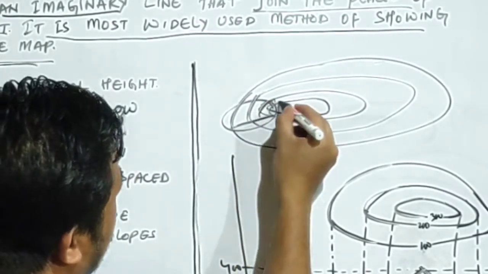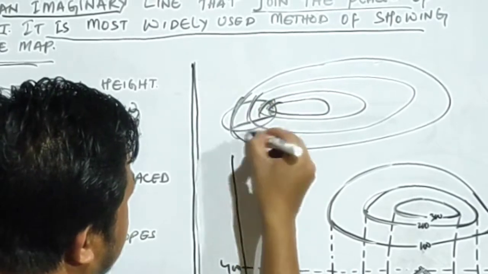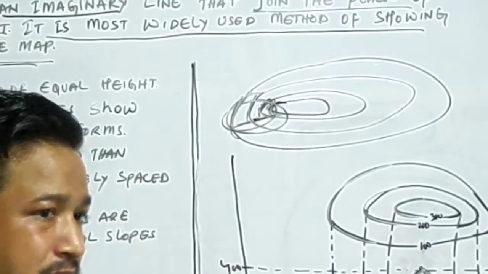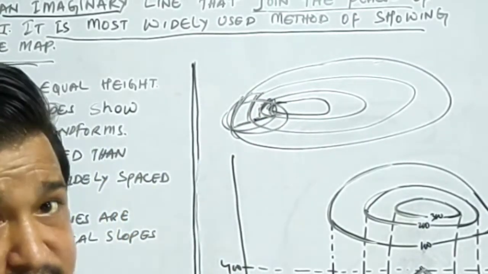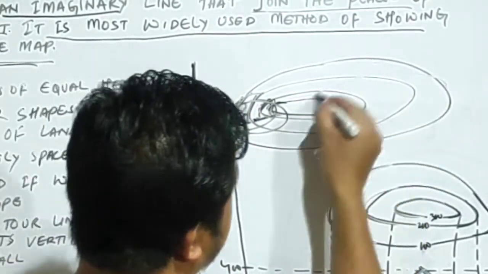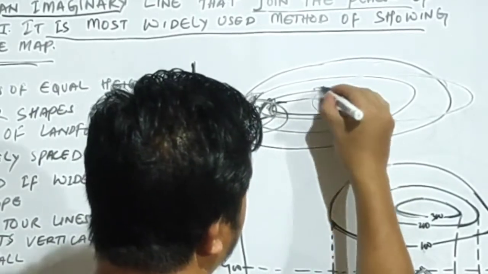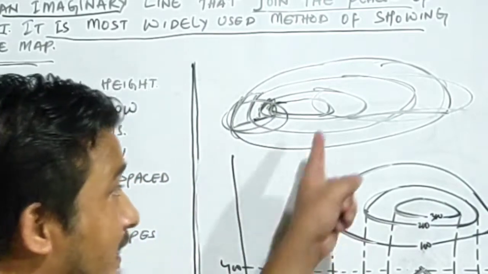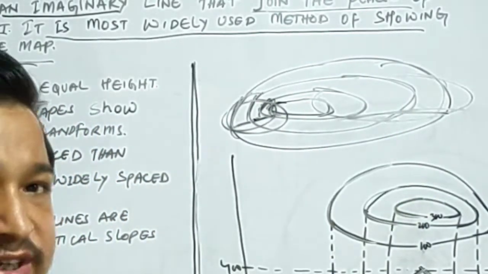If these contour lines are very close to each other, it means this region will have a steep slope. And in this region, you can see all these contour lines are apart from each other, far from each other. It means that this region will have a gentle slope.